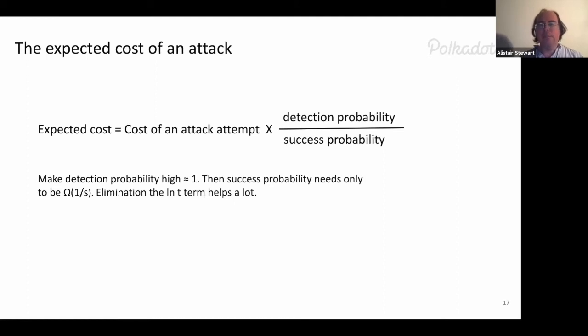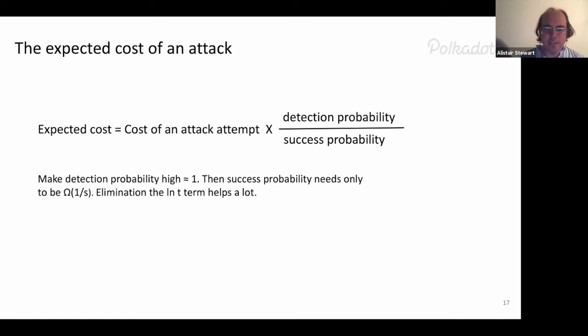All we need to do is make sure that most attack attempts are not successful but are caught. So if most of the time you attempt to attack, we can catch you and slash you, but the attack doesn't succeed, then the expected cost will be much higher than the cost of an attack attempt.